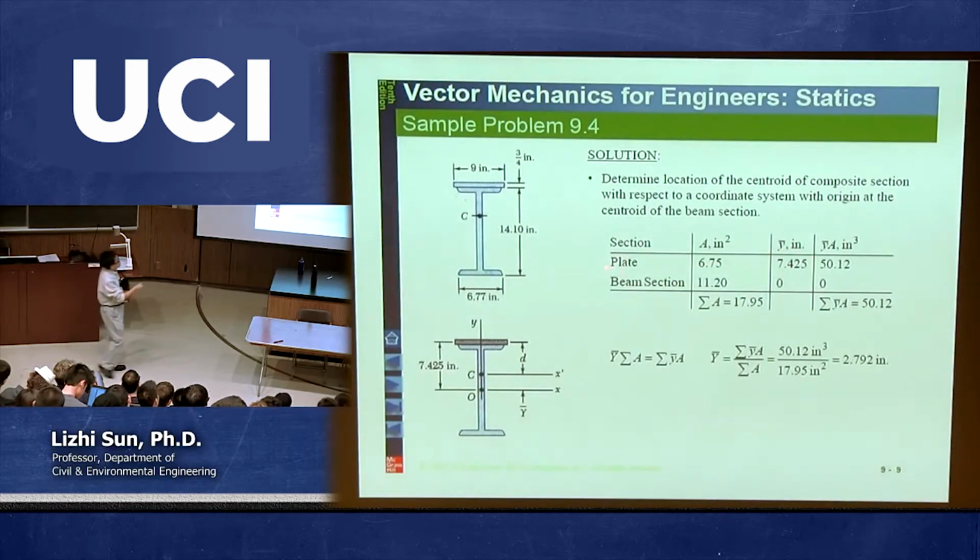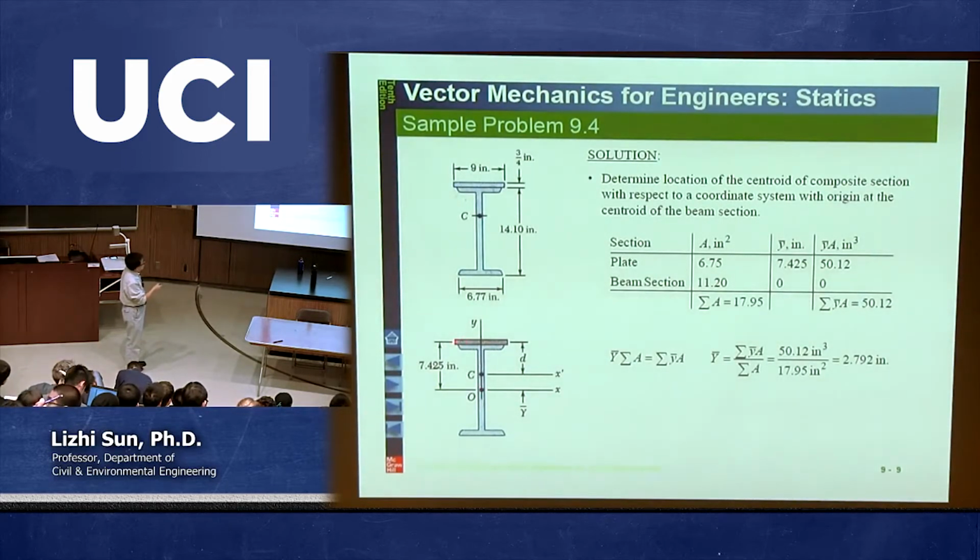Now, for each component, for the plate, what is y bar? Corresponding to this coordinate system, with the origin here, y bar for this small part is from the center to here. So from here to the top of the beam is 7.05, right?